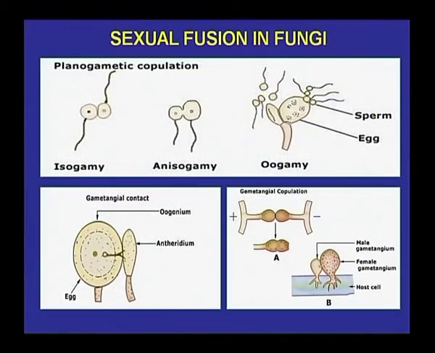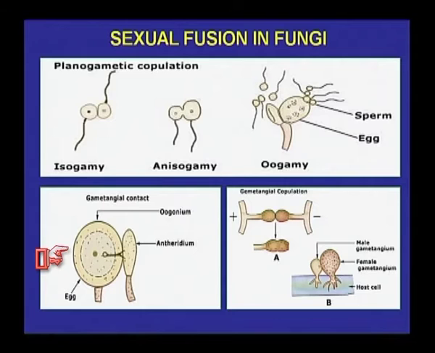This is the pictorial representation of the sexual fusion in fungi. First, we are seeing the planogametic copulation, where similar types of spores fusing with each other is isogamy. Dissimilar types fusing is known as anisogamy, and in oogamy one sperm and an egg are fusing with each other.